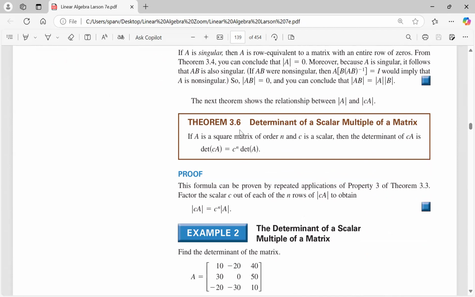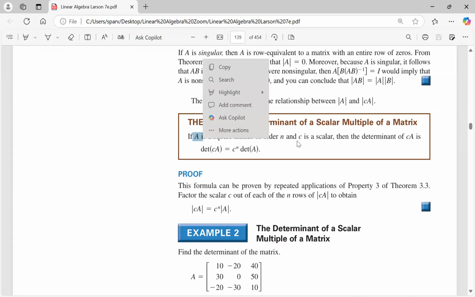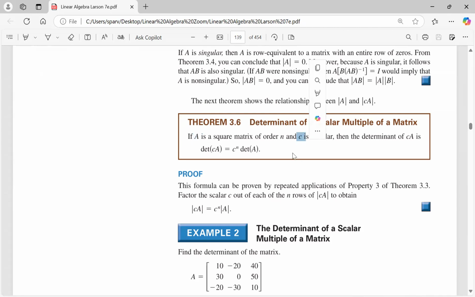Theorem 6. The determinant of a scalar multiple of a matrix. So here I have a square matrix A. And C is a scalar, like 5, 7, 10, whatever. This time we're multiplying C by a matrix. Remember, when you multiply a constant by a matrix, we multiply every element of that matrix by the constant, right?